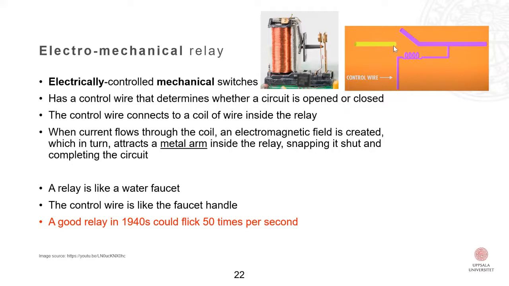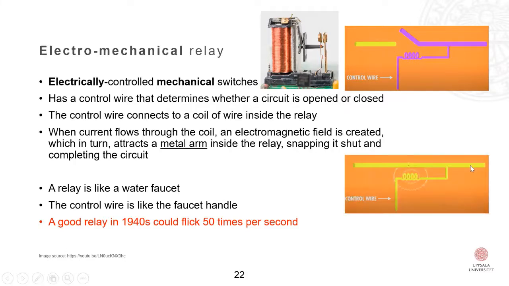So then this will be something like this. So this mechanical arm will shut. So then this becomes like a complete wire. So the electricity can flow through it and the circuit would be complete. So you see a relay has two different states.